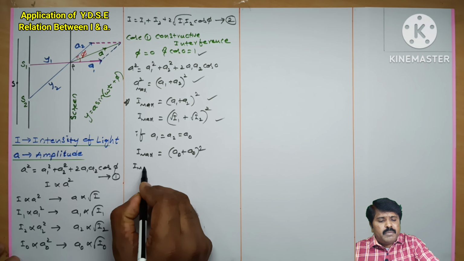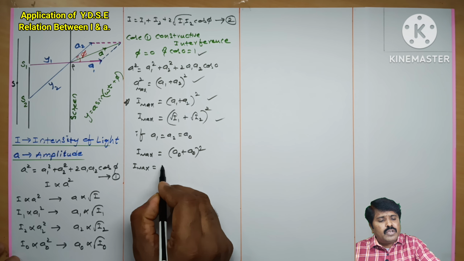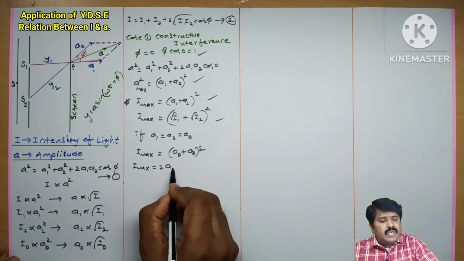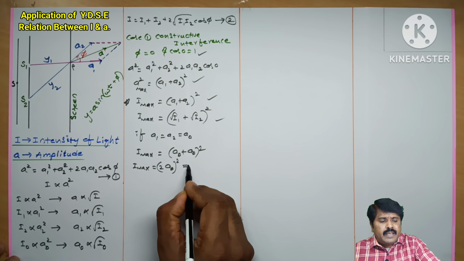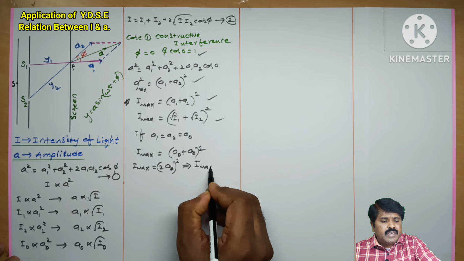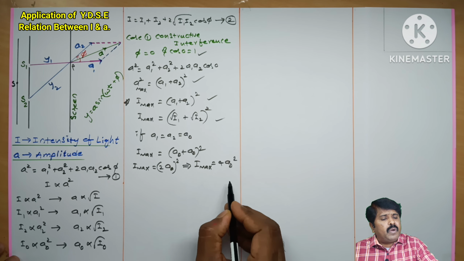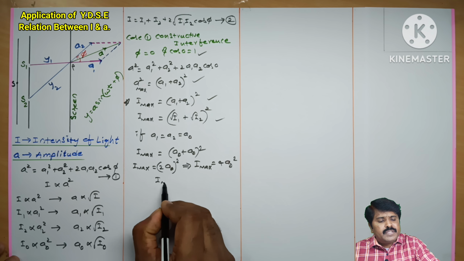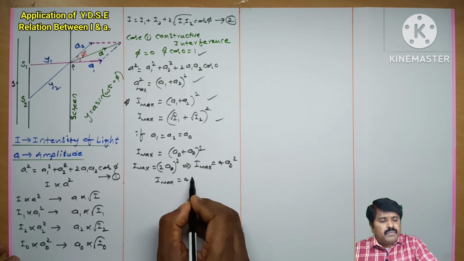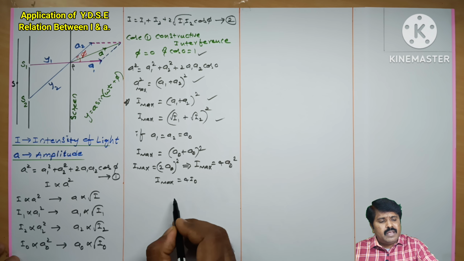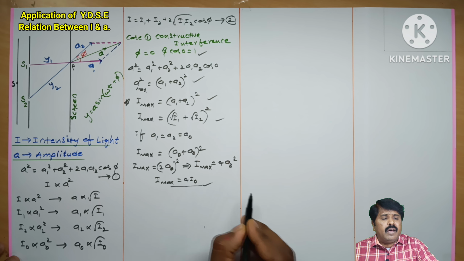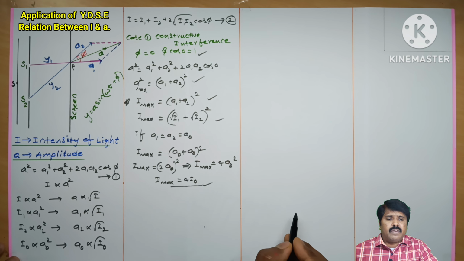So the maximum intensity is equal to (2 A0) whole square, I can write maximum intensity is equal to 4 A0 square. And the maximum intensity is equal to 4 I0, since A0 square is I0, the relation for this case.